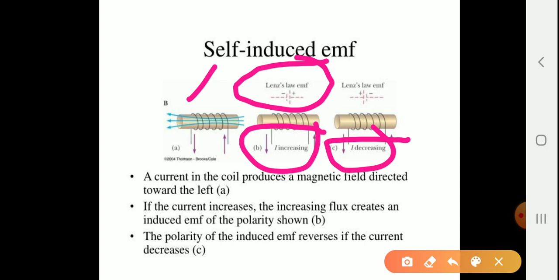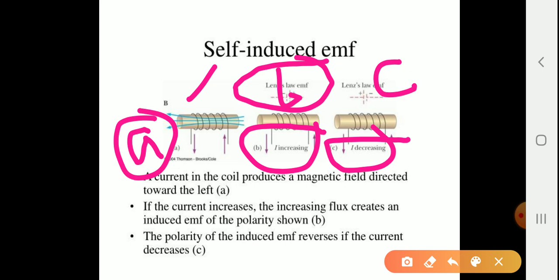A current in the coil produces a magnetic field directed towards the left, as in figure A. If the current increases, the increasing flux creates an induced EMF of the polarity shown in figure B. The polarity of the induced EMF reverses if the current decreases, as in figure C. This is how the current in the coil produces the magnetic field.